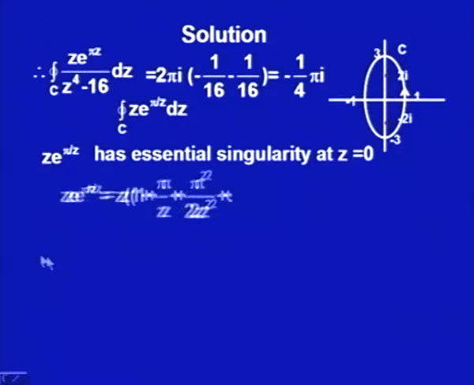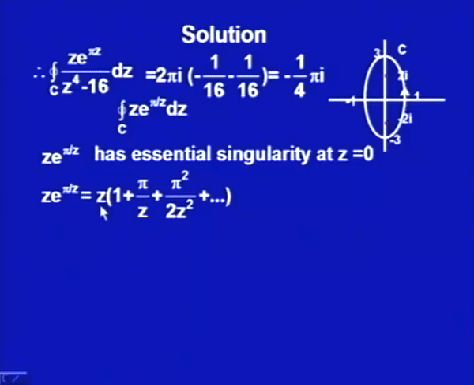So we get z into e to the power π by z using the Maclaurin series, z into 1 plus π upon z plus π square upon z square factorial 2 plus π cube upon z cube factorial 3 and so on. This expansion is valid for all z greater than 0. So what we get is z plus π plus π square upon 2z and so on.